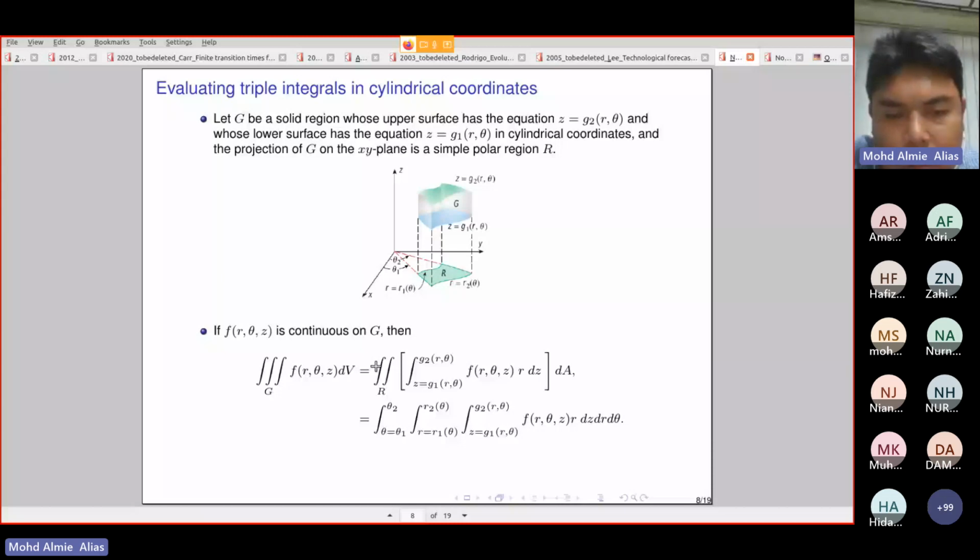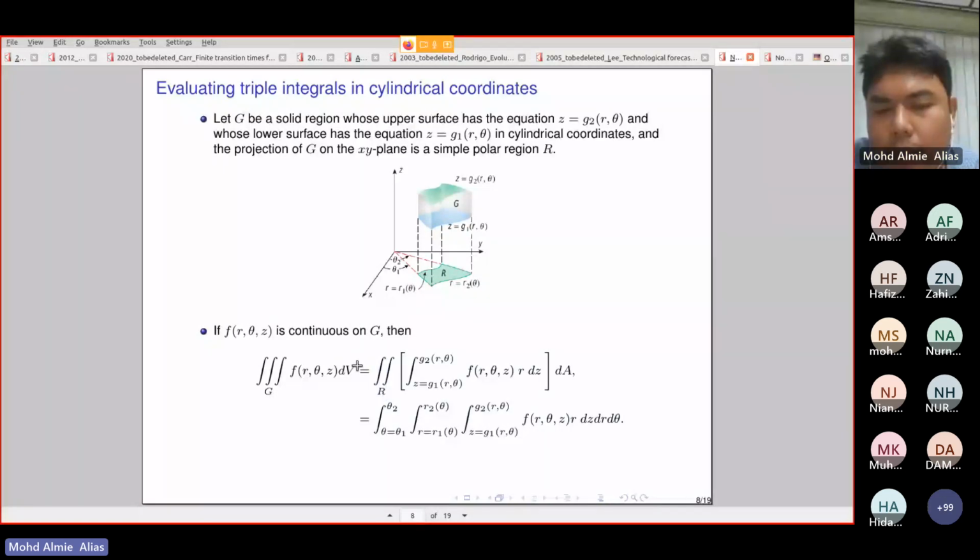This is the formula here. There is no R mentioned in it. But here you decompose this G into R and the z component.